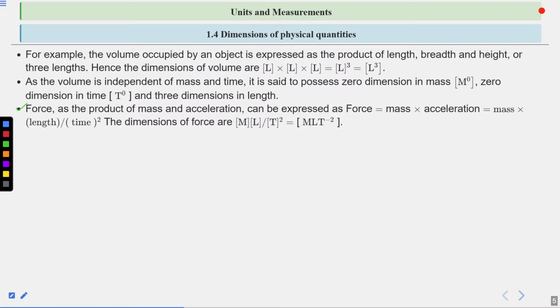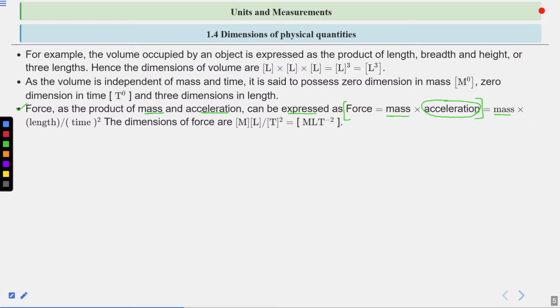Force is a product of mass and acceleration, F is equal to ma. So F is equal to mass into acceleration. What is the formula of acceleration? Length divided by time square.